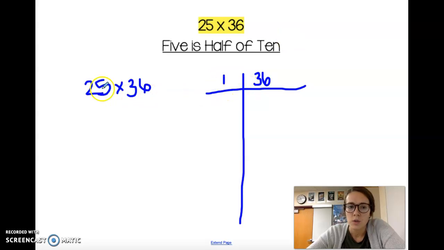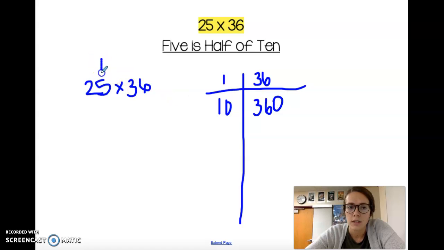All right, so I'm going to try to find pieces that are easy to multiply over here that are going to help me find 25 times 36 in the end. So I really quickly know what 10 is, because 36 times 10 is 360. All right.